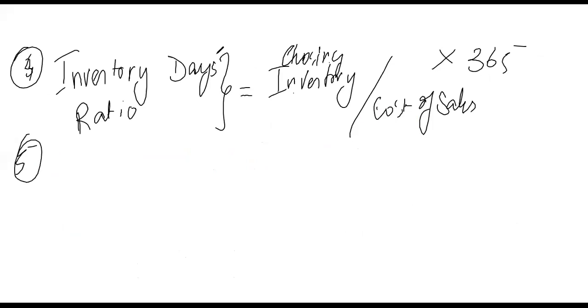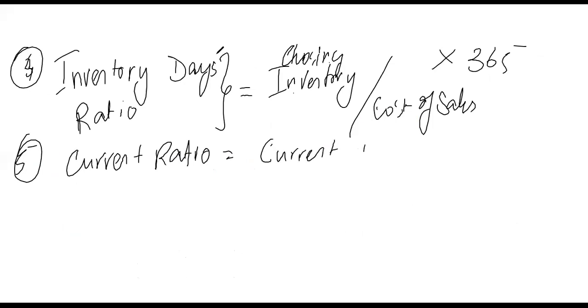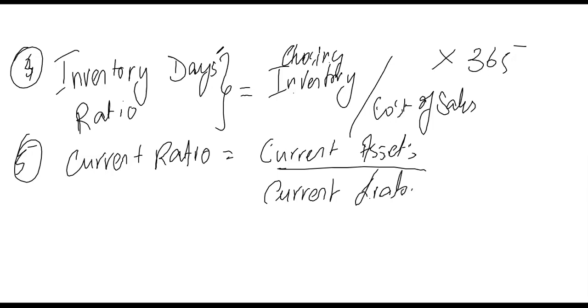The fifth one that we had seen already is the current ratio, which could be comprehended in the form of current assets whole divided by current liabilities.